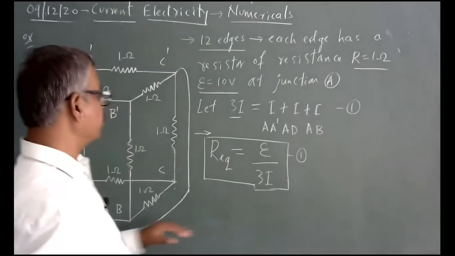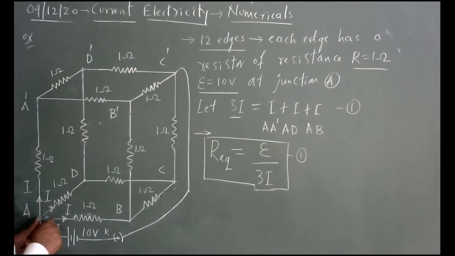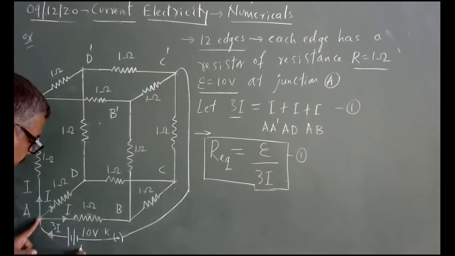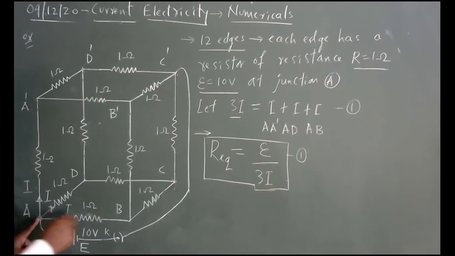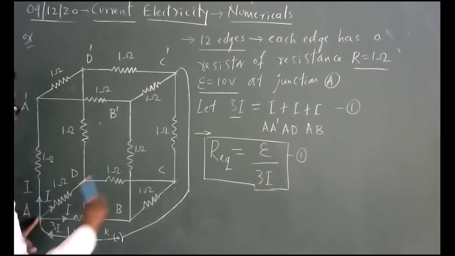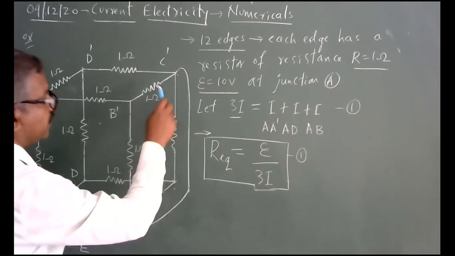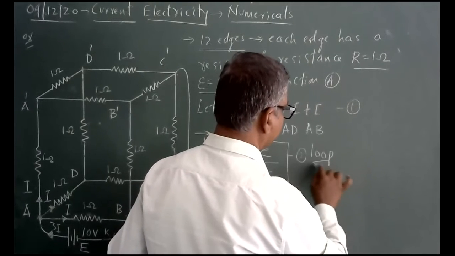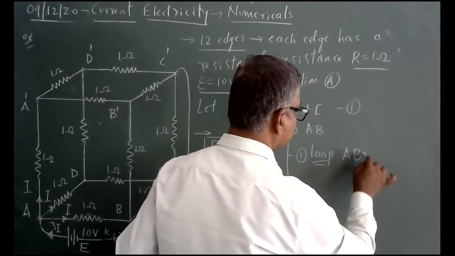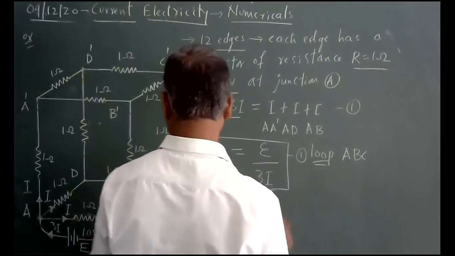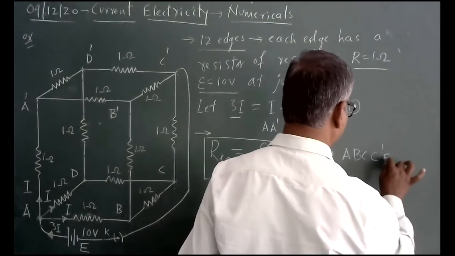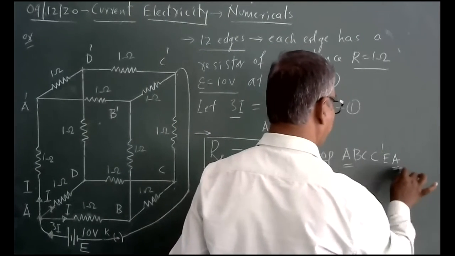Now let me consider a loop. It starts from A, moves to B, then C, C dash, then the cell E, and back to A. You are going to traverse this loop to apply the loop rule: A, B, C, C dash, E, A. The starting point and the end point are one and the same.